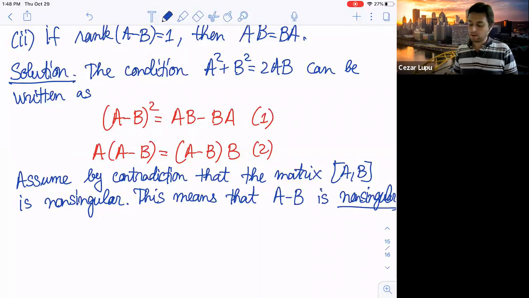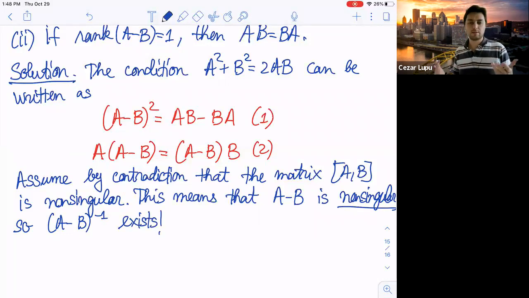So the inverse exists. A minus B inverse exists, right? The determinant non-singular means that it's invertible. So the determinant is different than 0. All right, great.